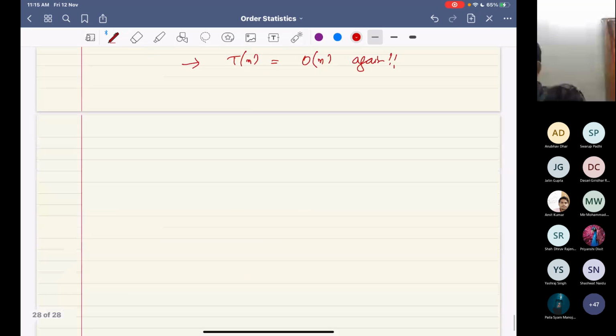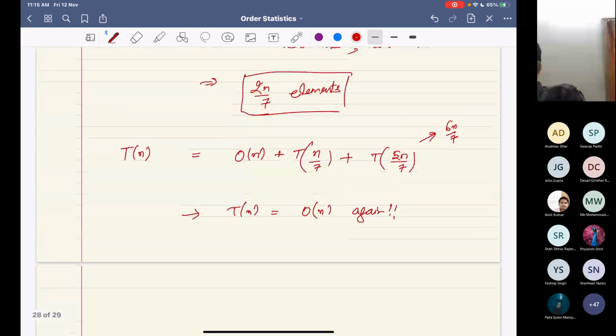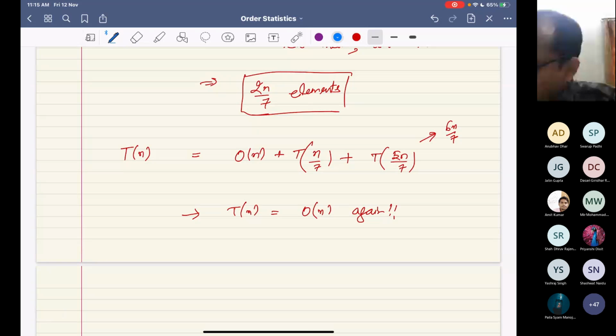And you see how many elements you are throwing away. Here you are throwing away n by 7 elements each time.